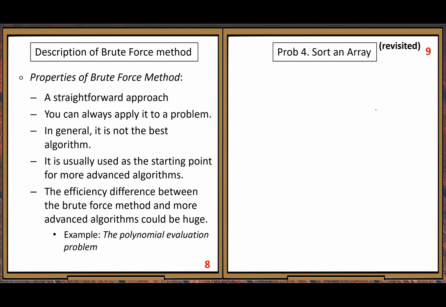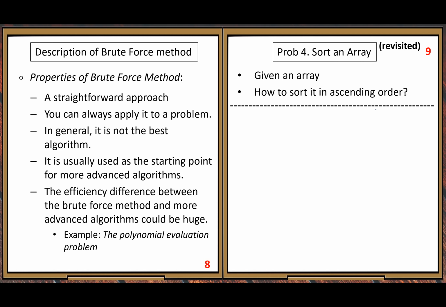So given the same problem, this time we do not use our old view, because if you use the old view, you get an old algorithm.